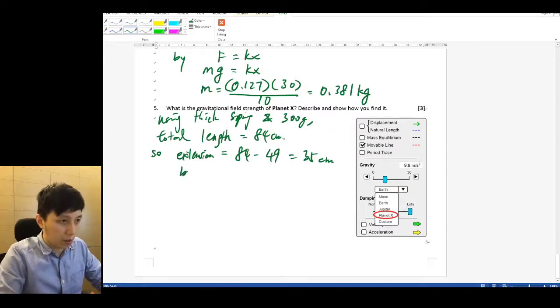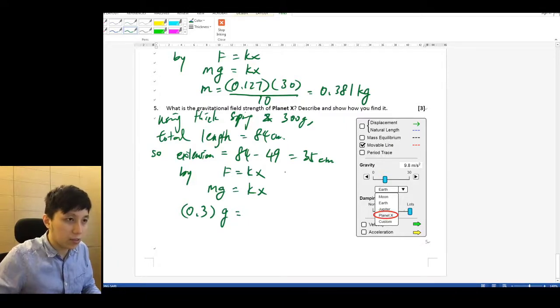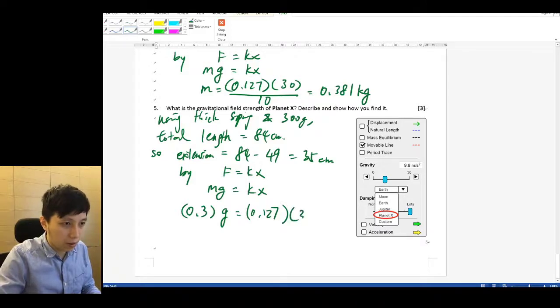Then by Hooke's law again, F equals kx, and again changing the force to the weight, and this time we know the mass, which is 300 grams, which is 0.3 kg, but we don't know the g. k is the one that we got earlier, which is 0.127, so that's the purpose of the experiment we did earlier. And x here is 35.